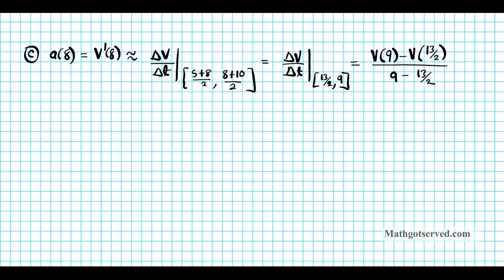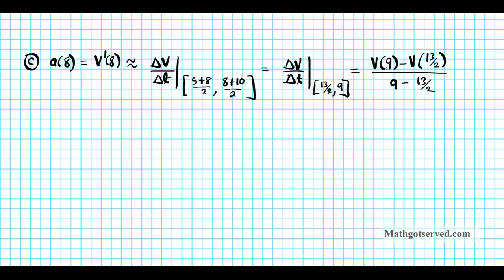We have to now find the instantaneous velocity at t equals 9, and also the instantaneous velocity at t equals 13 over 2. Well, since we don't have these, we have to approximate. We're going to be using the approximate values here.